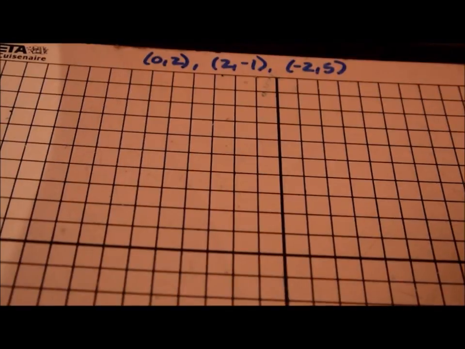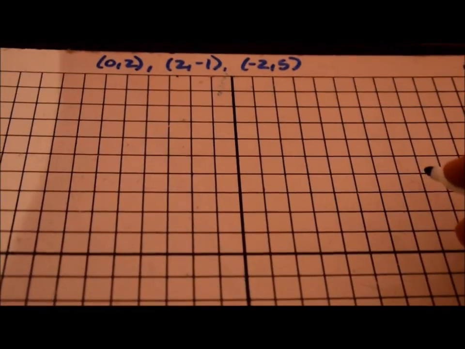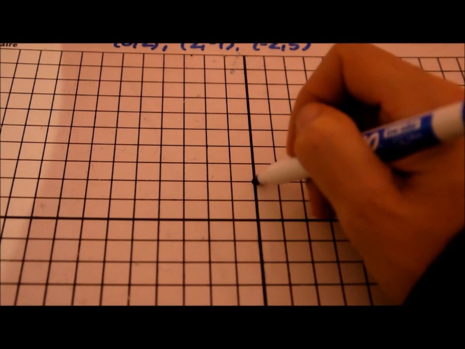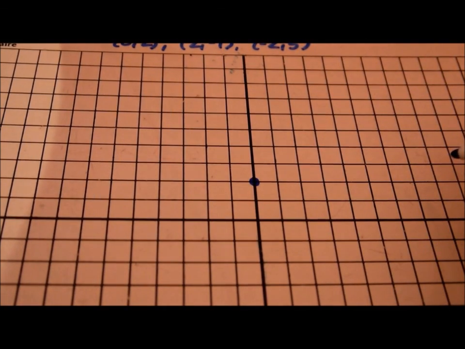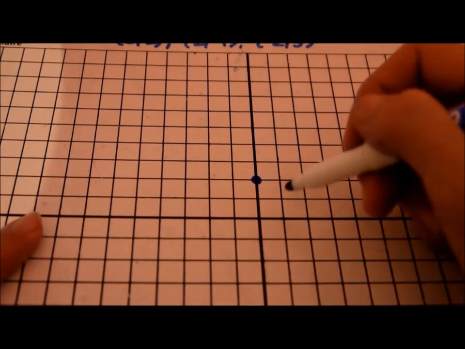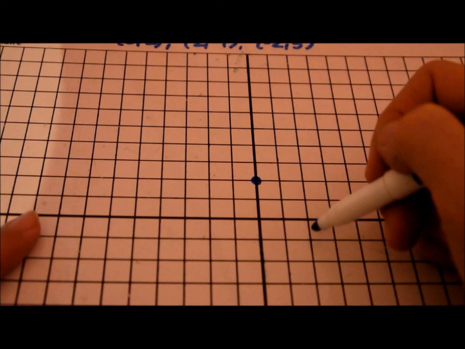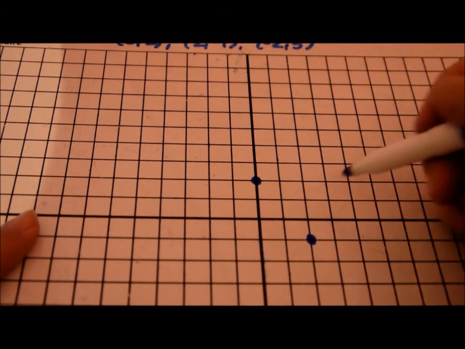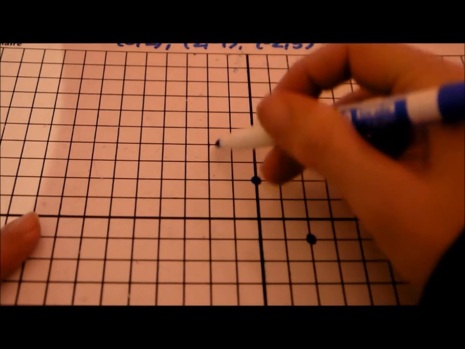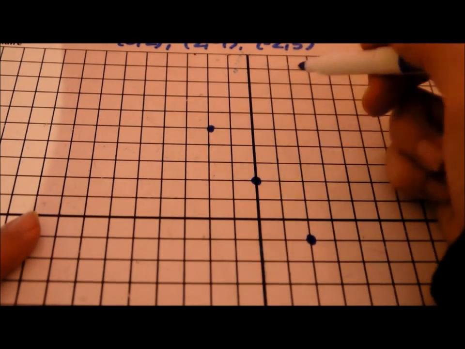So if I go ahead and take those 3 points, Cartesian plane, so 0, 2 would be 0, up 2. Take a while until you guys get used to knowing that you go right or left first, and then up or down. So 2, -1 means coming over 2, down 1, and then -2, +5 would be up here.